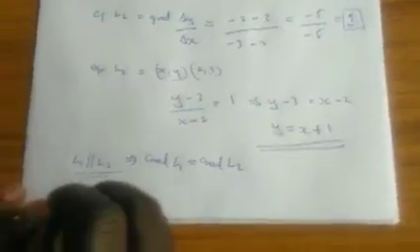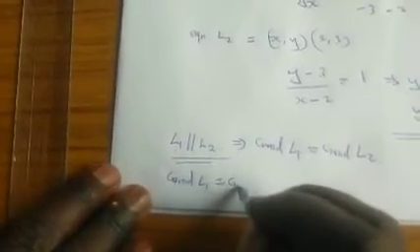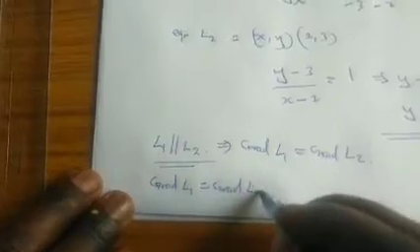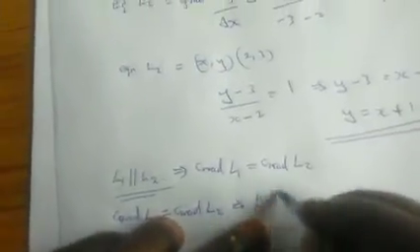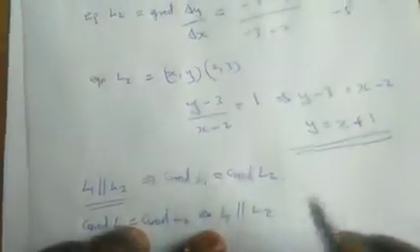Also, if the gradient of L1 is equal to the gradient of L2, then that implies that line L1 is parallel to line L2. So that is that.